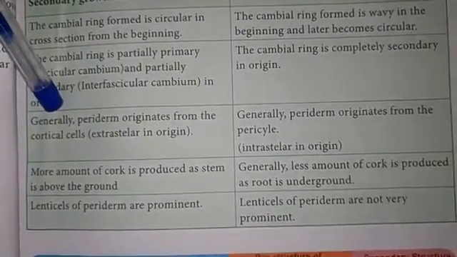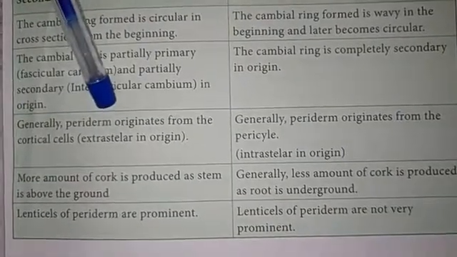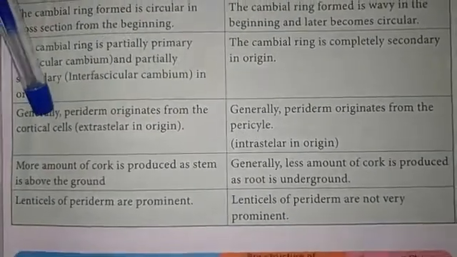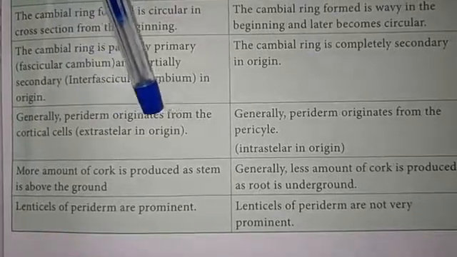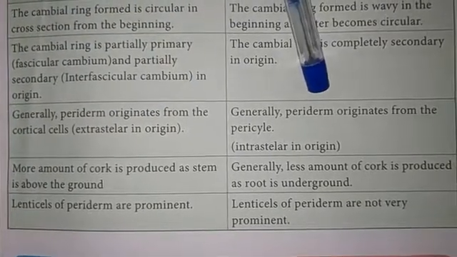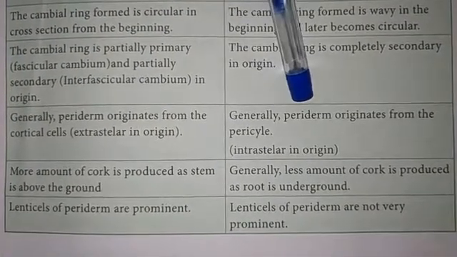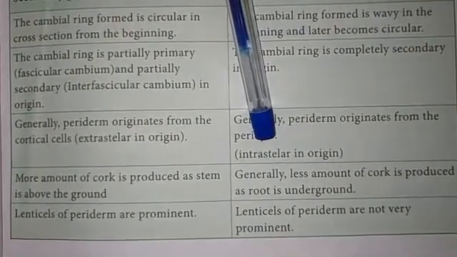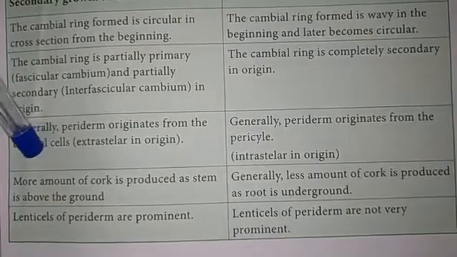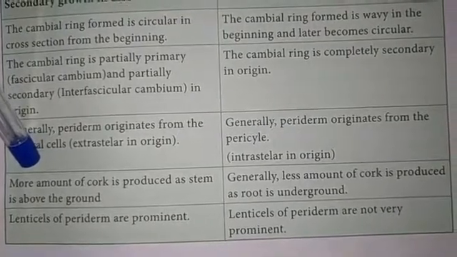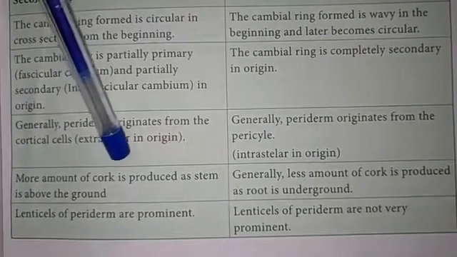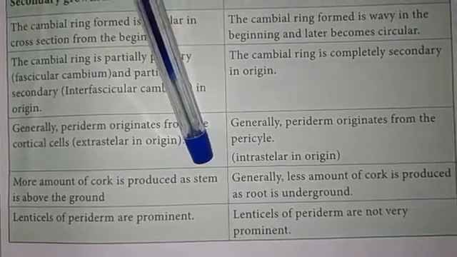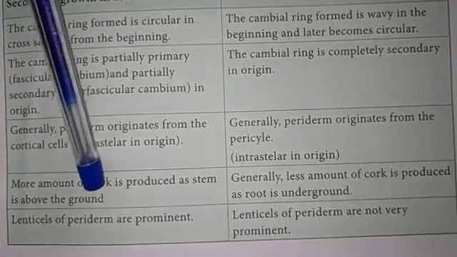In dicot stem, generally the periderm originates from the cortical cells, extrastelar in origin. In dicot root, periderm originates from the pericycle, that is intrastelar in origin. In dicot stem, more cork is produced as the stem is above the ground.